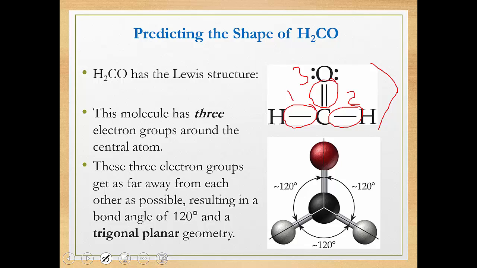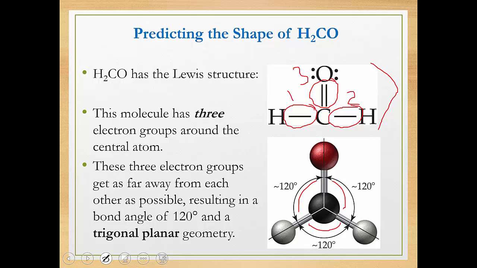Now, if you think about it, how can 3 items get as far away from each other as possible? Well, they're going to arrange themselves, again, in the plane of the paper. They're going to lay flat in a plane, just like they're laying flat on a piece of paper, and they're going to push themselves apart until there's 120 degrees between each of the atoms.